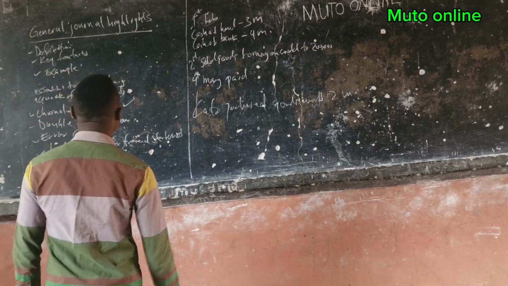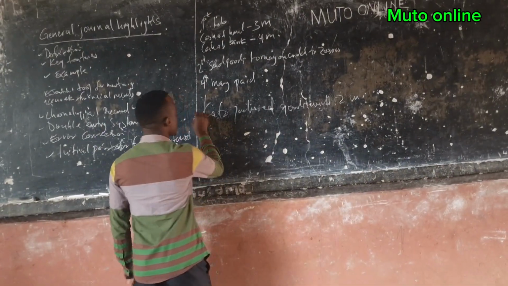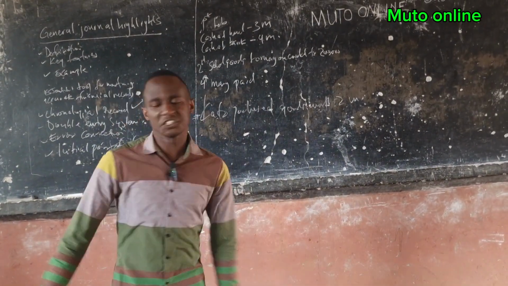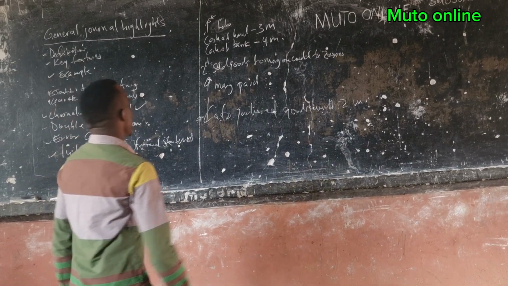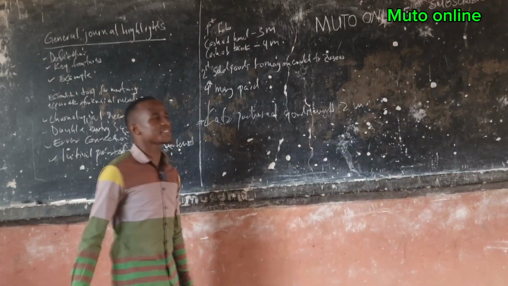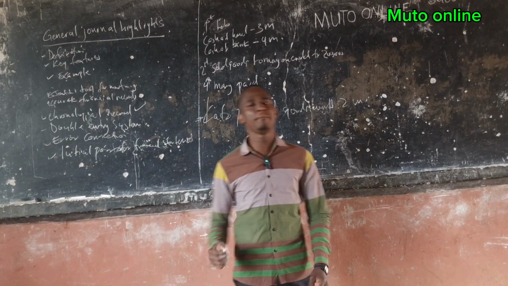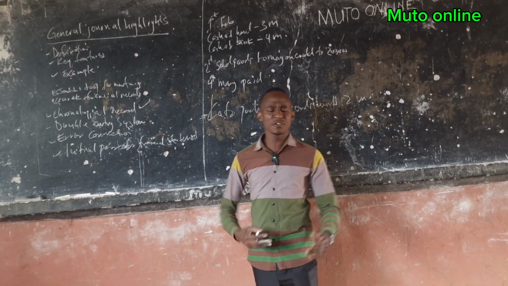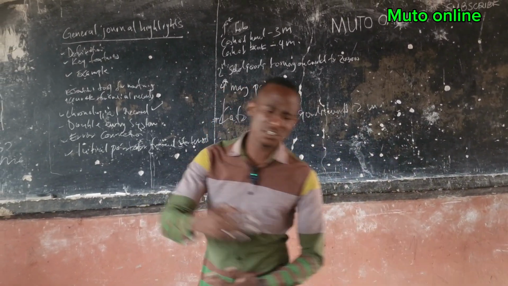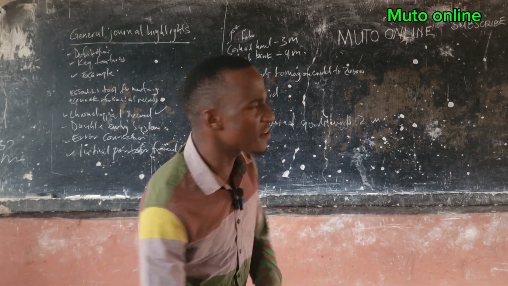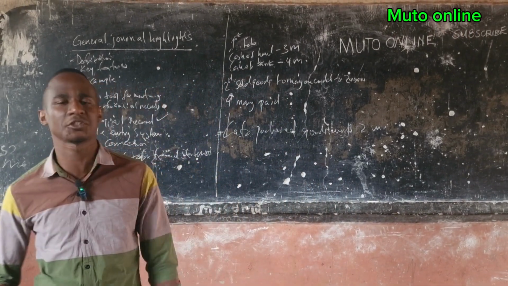Let's say the transaction is that Kato purchased goods worth shillings 2 million. First we must think of the transactions that are going to be created. What are those transactions? In a general journal, how do we record such a transaction?